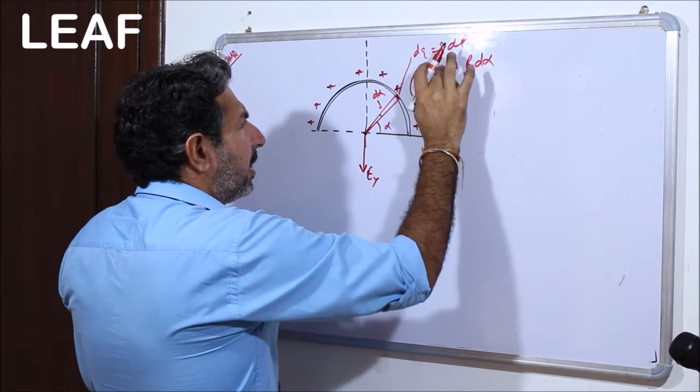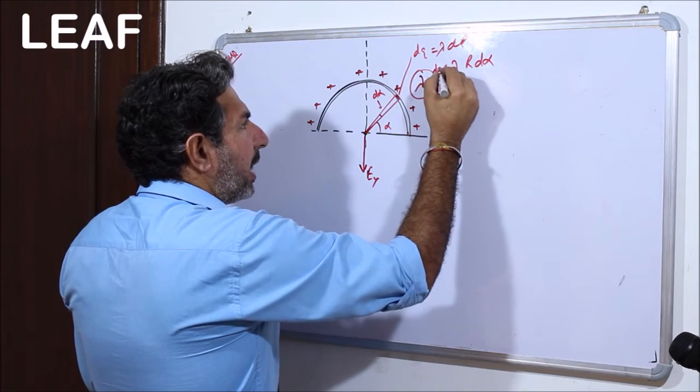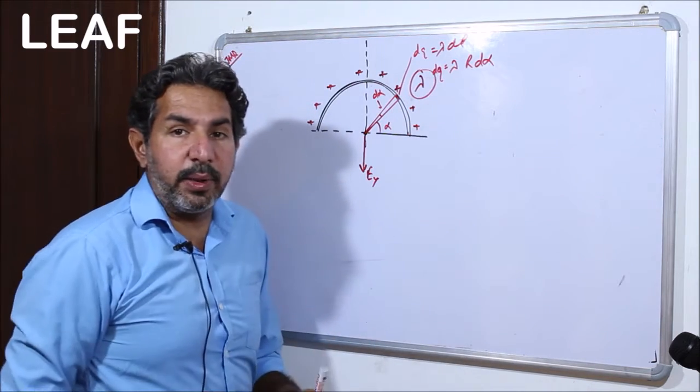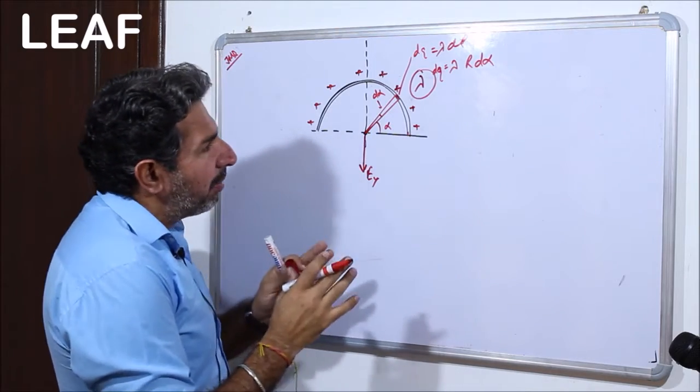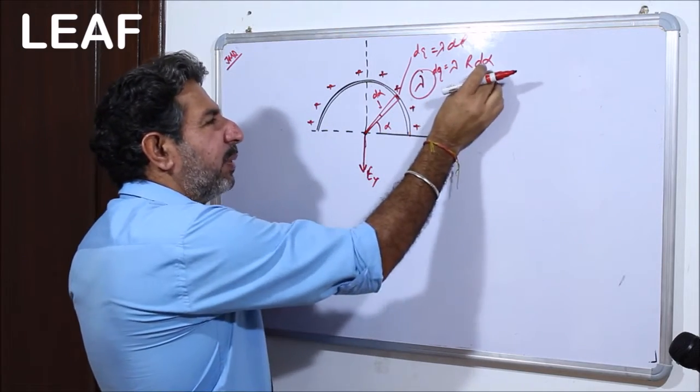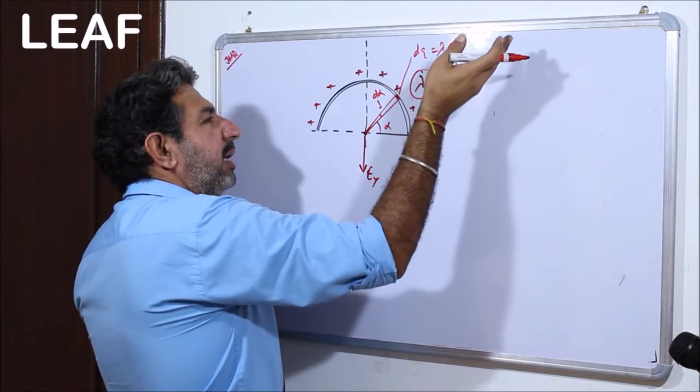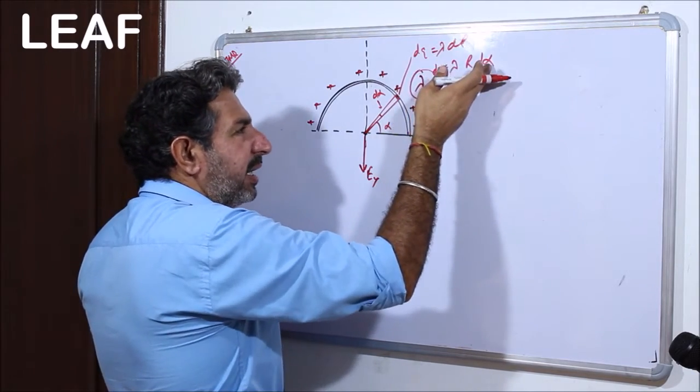See, I know I am interacting with the upper segment of the students. So I am not again and again explaining these very small tidbits, like how I can replace dl with r d alpha and all that.